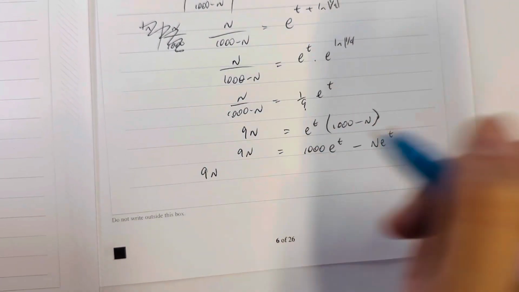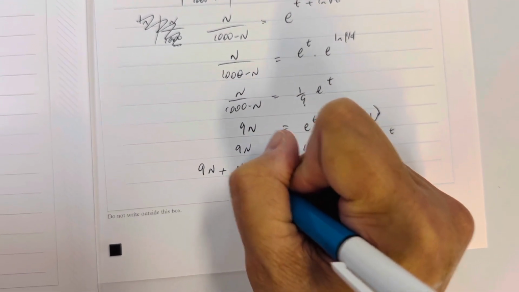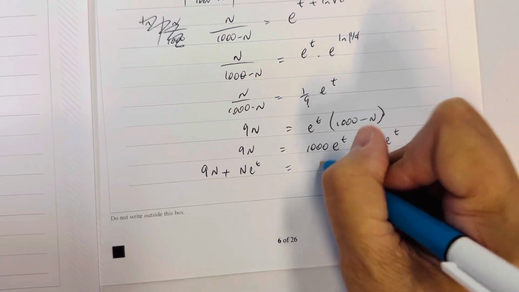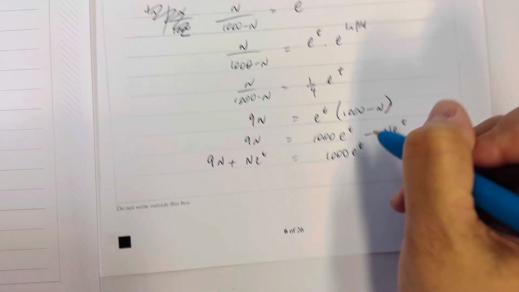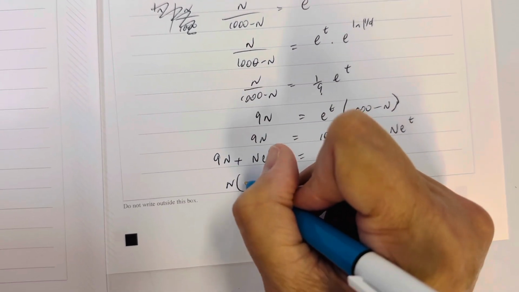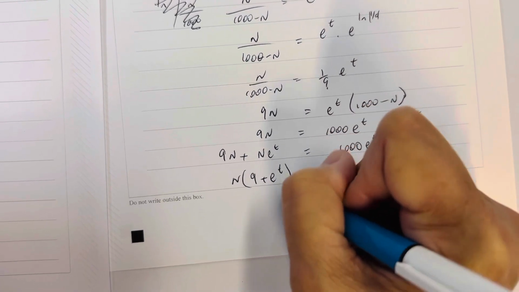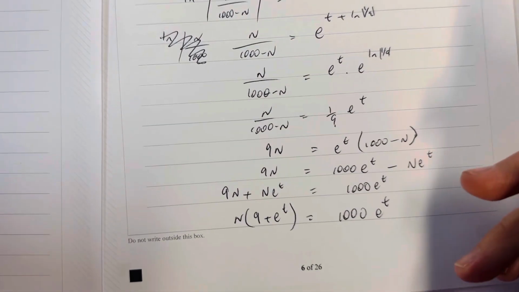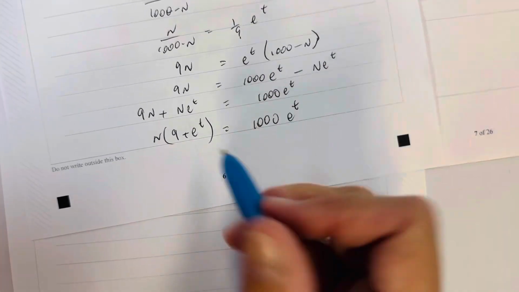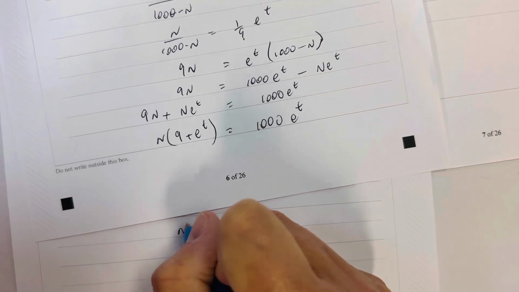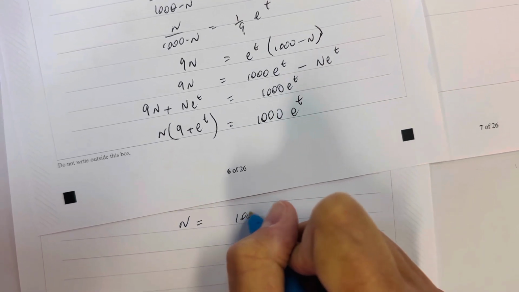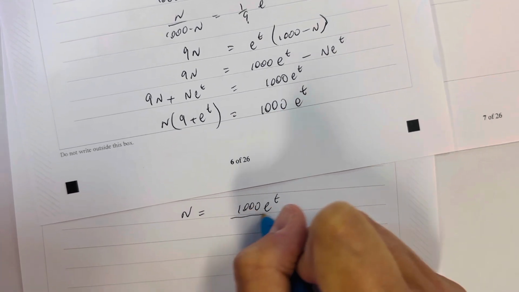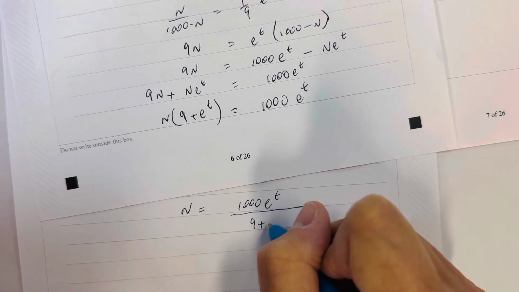So that's 9N plus N e to the t equals 1,000 e to the t. Factorise out my N: N(9 plus e to the t) equals 1,000 e to the t. So that's going to be N equals 1,000 e to the t over 9 plus e to the t.